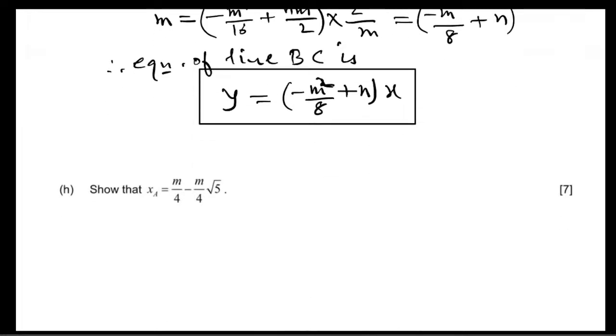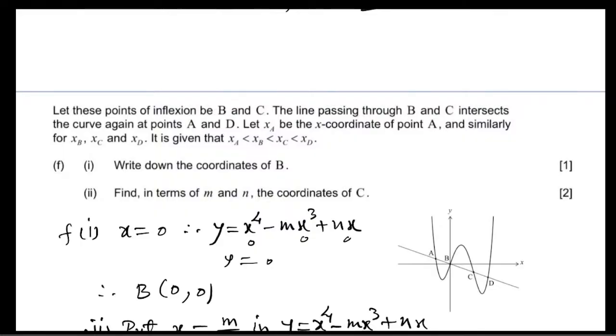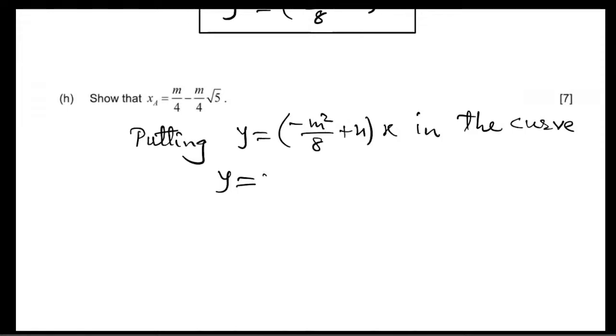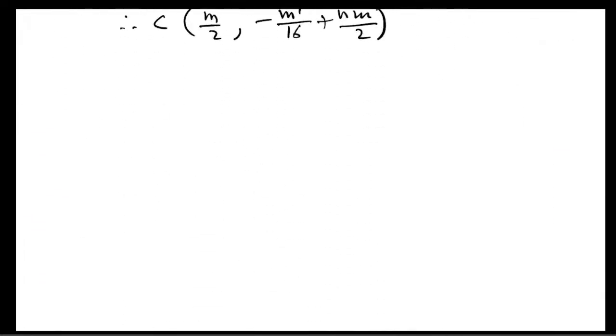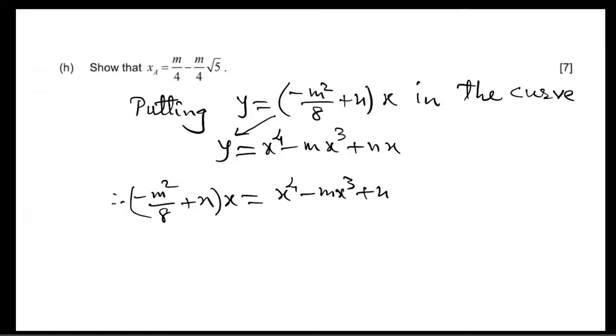So putting y is equal to minus m squared by 8 plus n, times x, in the curve, which is originally y is equal to x to the power 4 minus mx cubed plus nx. So therefore we will replace here: minus m squared by 8 plus n, times x, is equal to x to the power 4 minus mx cubed plus nx. Now this is what we have to solve simultaneously.